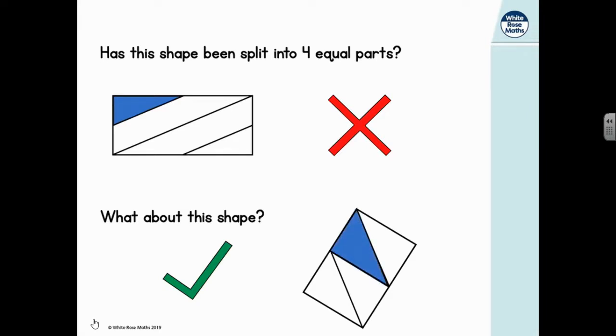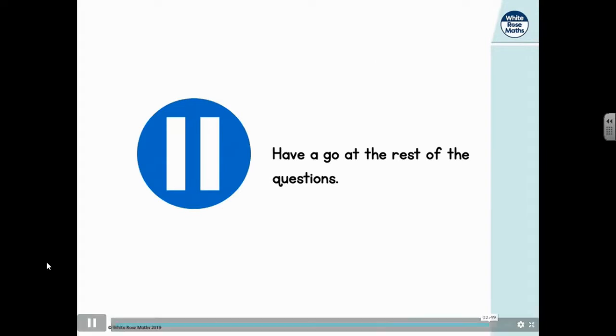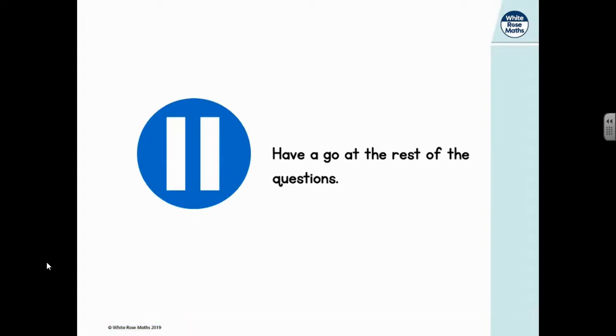We can test this by taking this blue shaded part and putting it on top of the other parts. It's the same size as that part. And it's the same size as that part. And it's the same size as that part. Fantastic. 4 equal parts. Pause here and have a go at the rest of the questions.